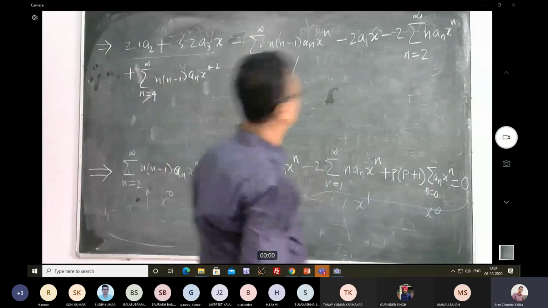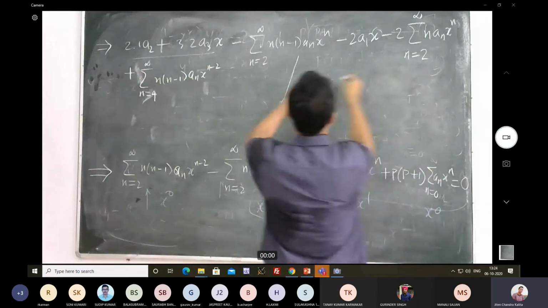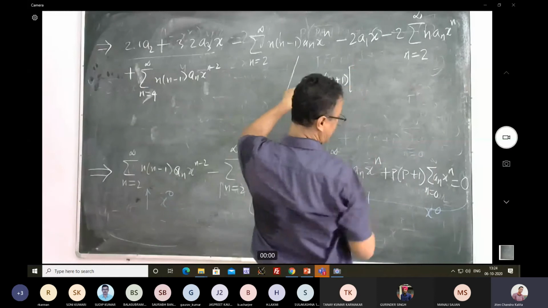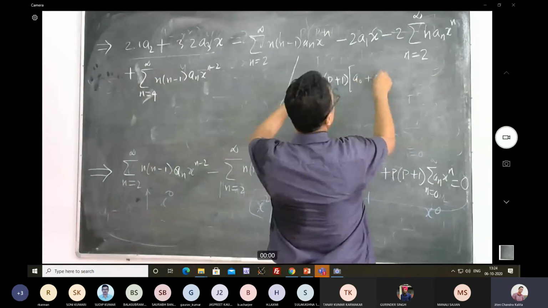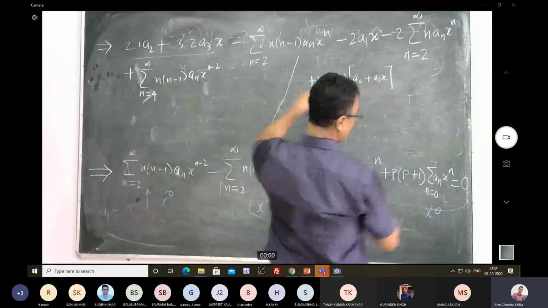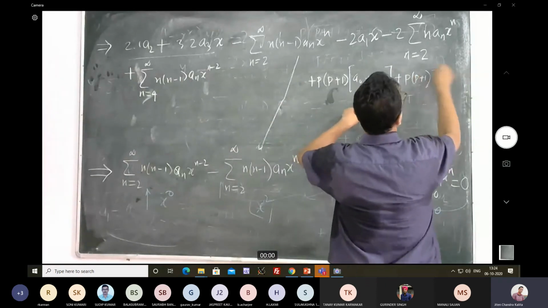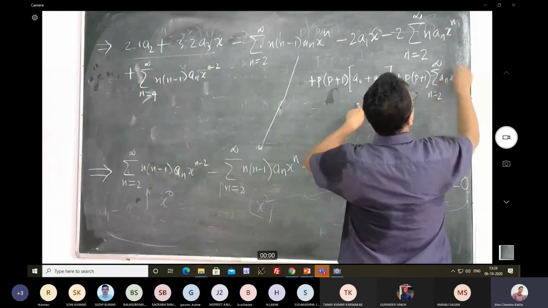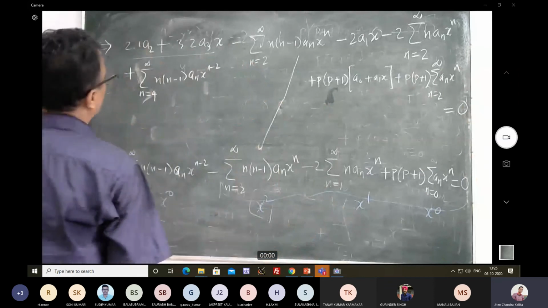Fine. So then again here also I have to take out two terms. So plus p into p plus 1, and then the first two terms are here, a0 plus a1x, and then plus p into p plus 1. As before, this is going to start from 2 to infinity, an x to the power n, this is equal to 0.